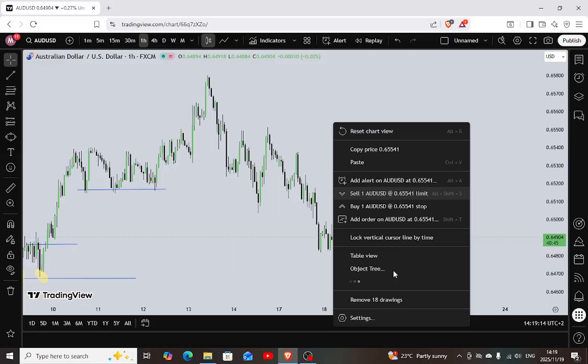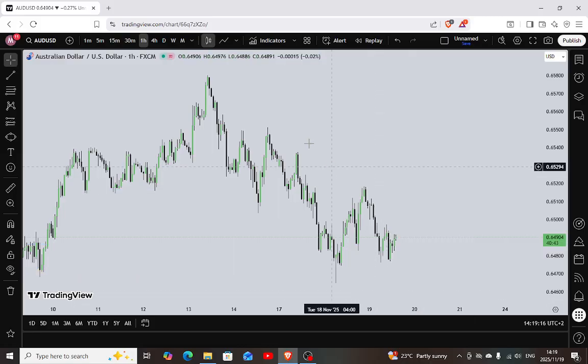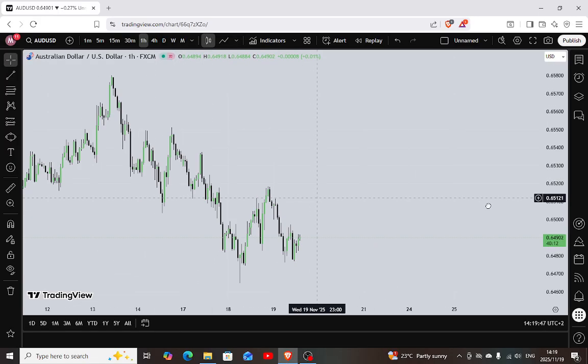So with market structure, it always depends, by the way, on what instrument you're trading. Some instruments, like the chart we're on now, which is AUD USD, can have smooth market structure on, let's say, H1.